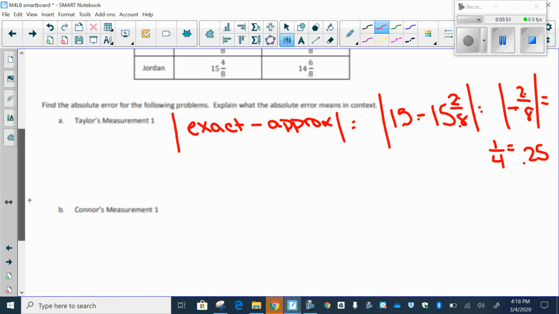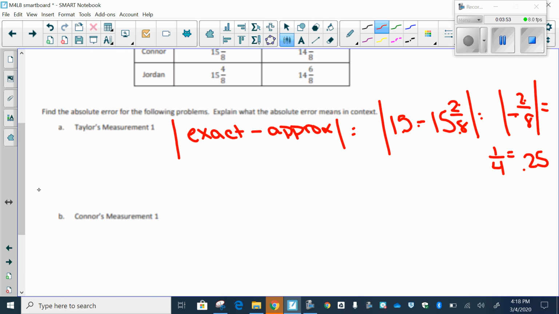Let's look at Connor. So absolute error, so the exact minus the approximate. Remember, we always write our formulas. So the absolute value, the exact is supposed to be 15, or the company says it is 15.